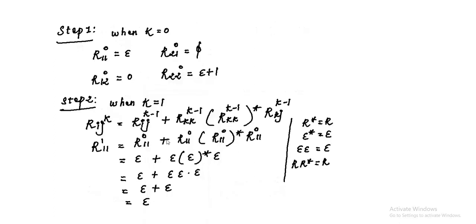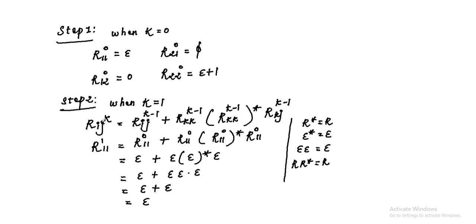Only when k equals 0 do we follow the basic rules; when k equals 1, 2, 3, we follow the second equation.